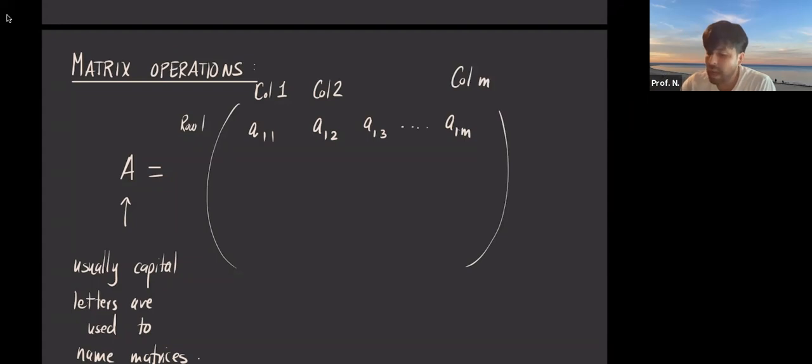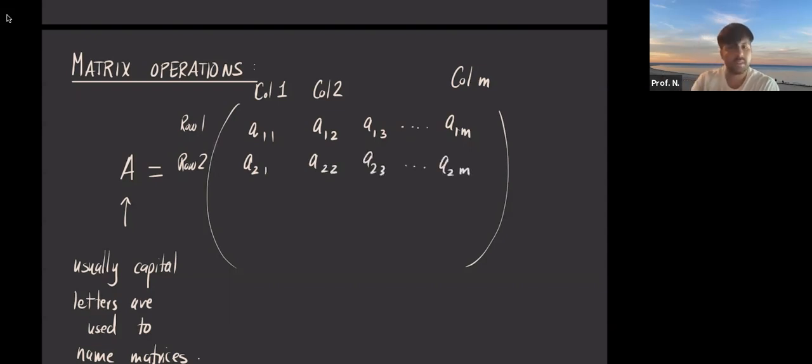Using these indices will become very common in linear algebra. We have a double index. The first number denotes the row. The second number denotes the column. Then the next row, row 2, would be a21, a22, a23, so on and so forth, a2m.